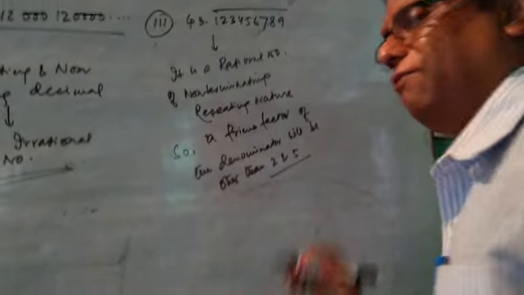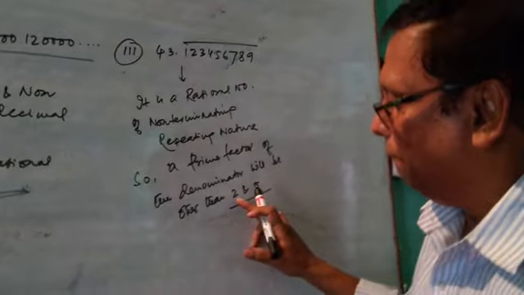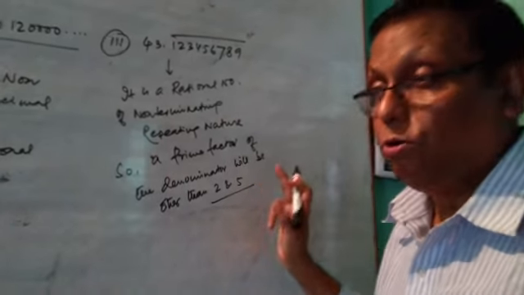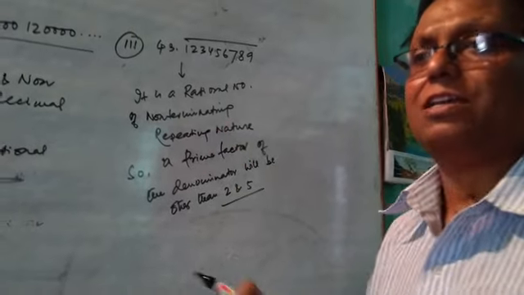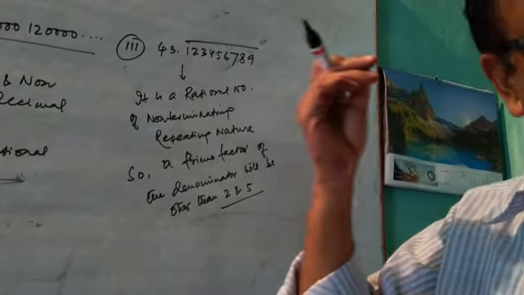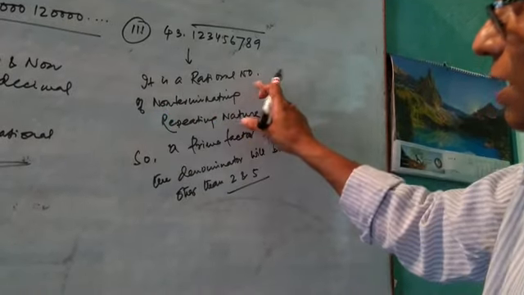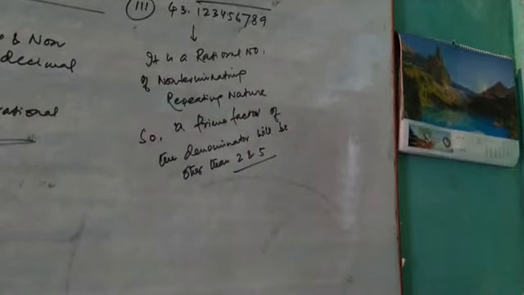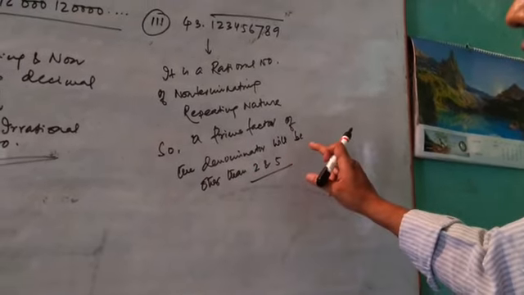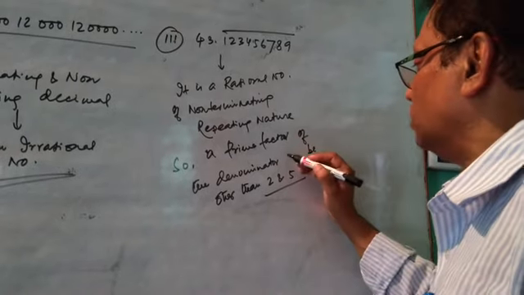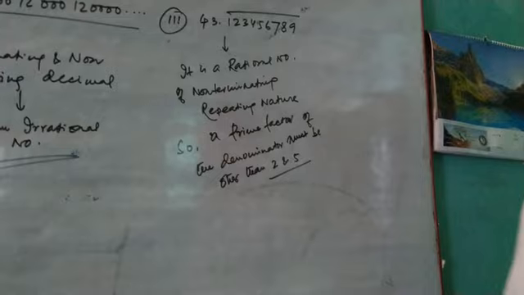There can be 2 and 5, there may not be 2 and 5. But apart from 2 and 5, including or not including them, we will get other prime factors, 3, 7, anything else. So this is a rational number of non-terminating repeating nature, and the prime factors of the denominator must include something other than 2 and 5.